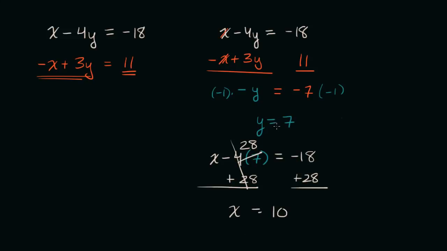I have the xy pair that satisfies both: x equals 10, y equals 7. I could write it as coordinates, 10, comma 7. And I encourage you to substitute y equals 7 into the other equation, and you will also get x equals 10. Either way, you would have come to x equals 10.